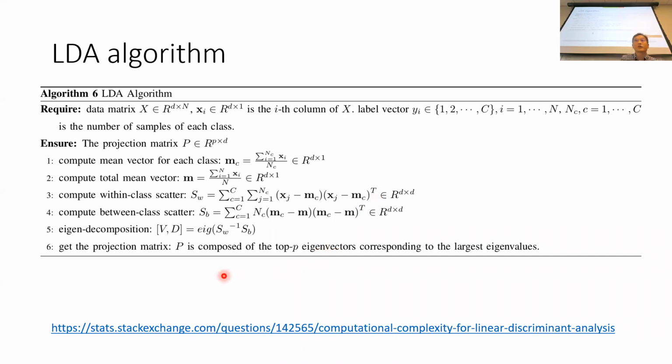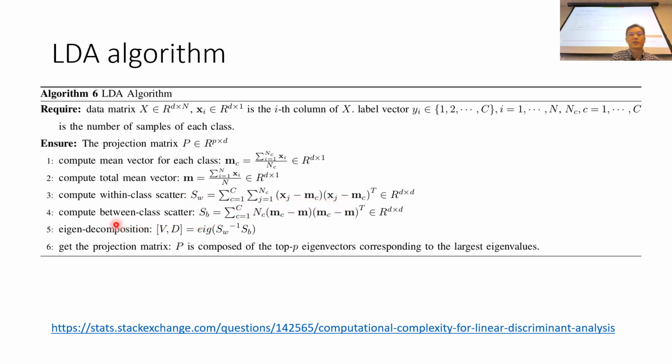Okay, so this is the algorithm for LDA. We compute the mean vectors, the mean for each class. Then you compute the total mean, since you consider multiple classes. And you compute the within class variation. If you know how to compute the covariance matrix, that is the variation within a group, over all the data points.